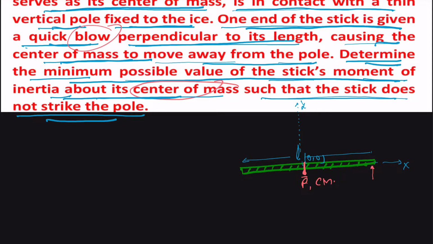On the left side we can say this will be minus L by 2, and on the right side plus L by 2, and the impulse, that is J, is applied at plus L by 2, in the positive y direction.